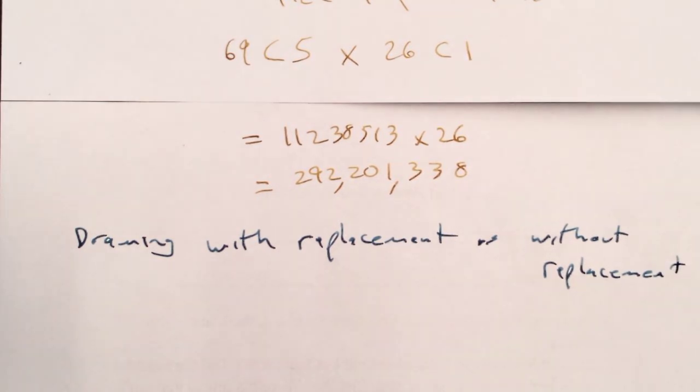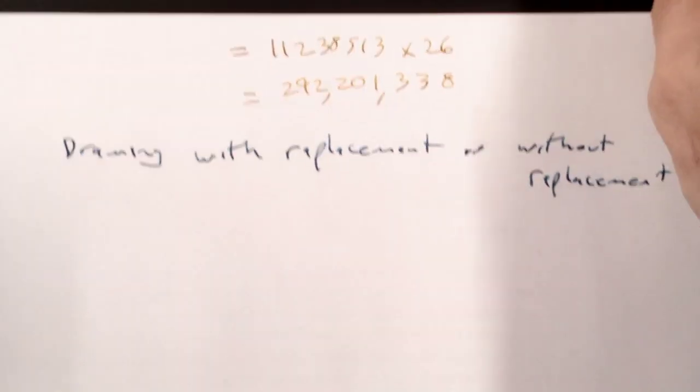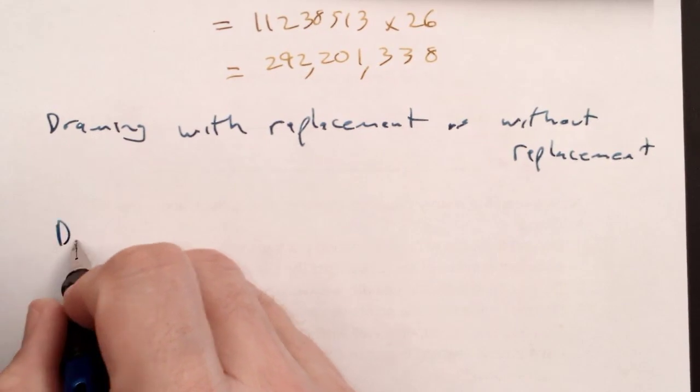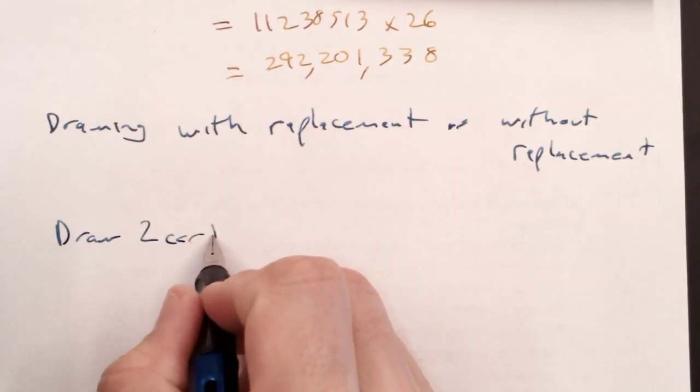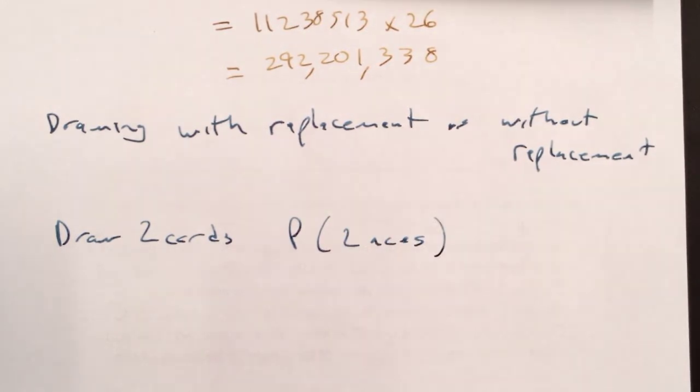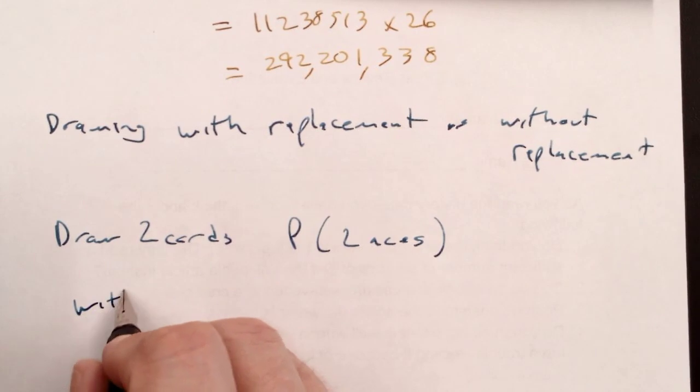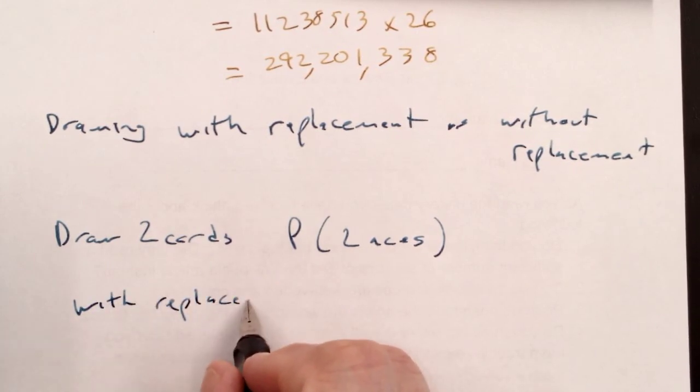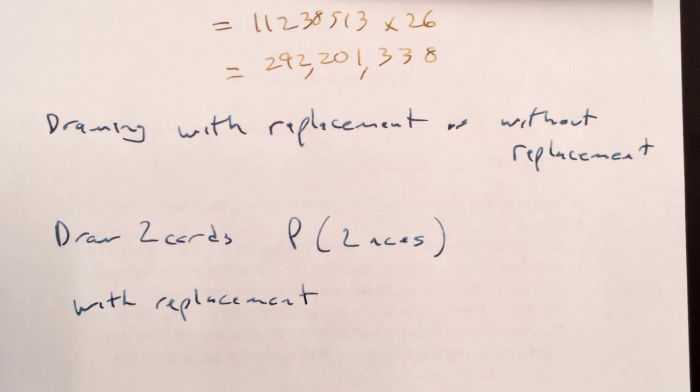If I draw with replacement, I'd like to know the chance of getting 2 aces. So if I draw with replacement, I can say, okay, shuffle, shuffle, shuffle.